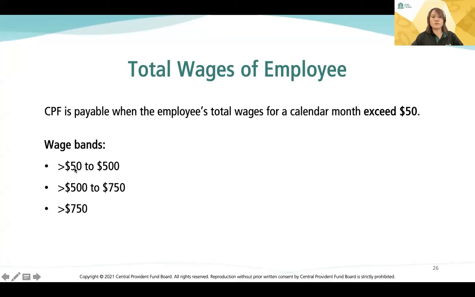For those $50 to $500, the CPF contribution will come from the employer, and from $500 to $750, the employee will pay a small percentage of CPF contribution. And for those more than $750, it will be the full usual contribution rates. Okay.